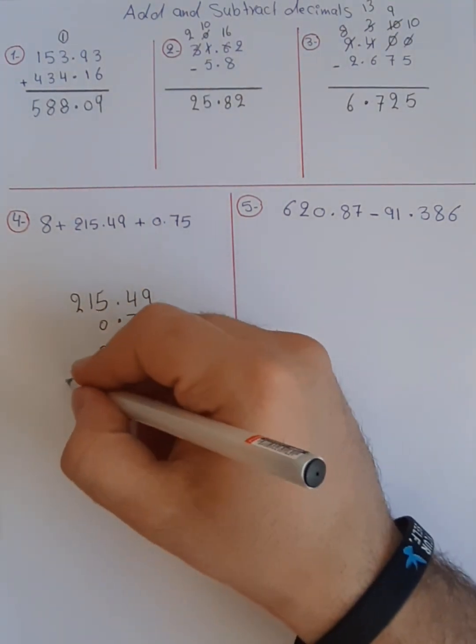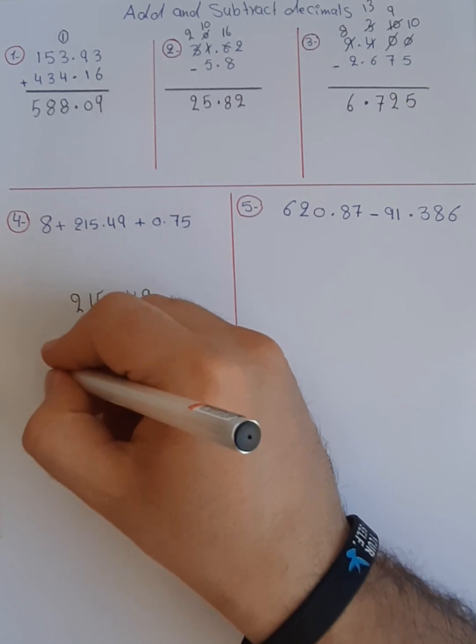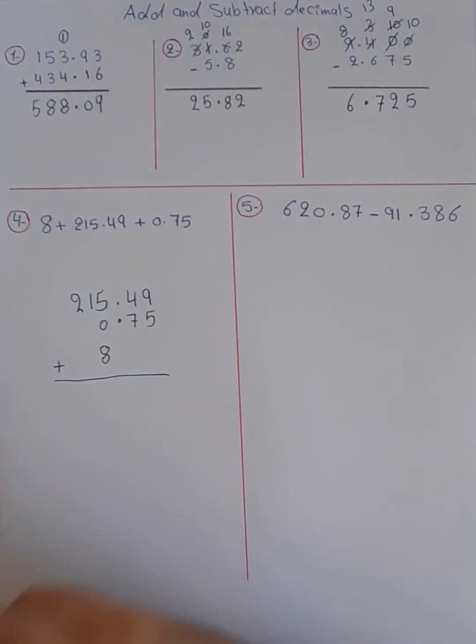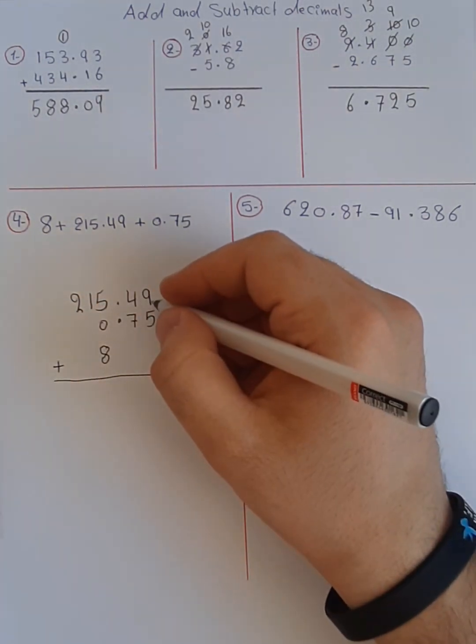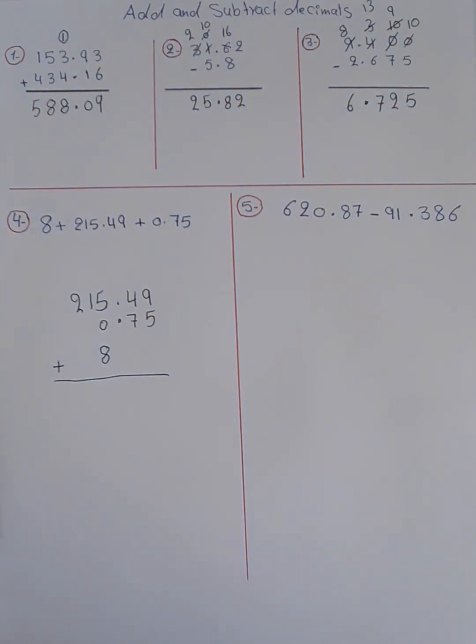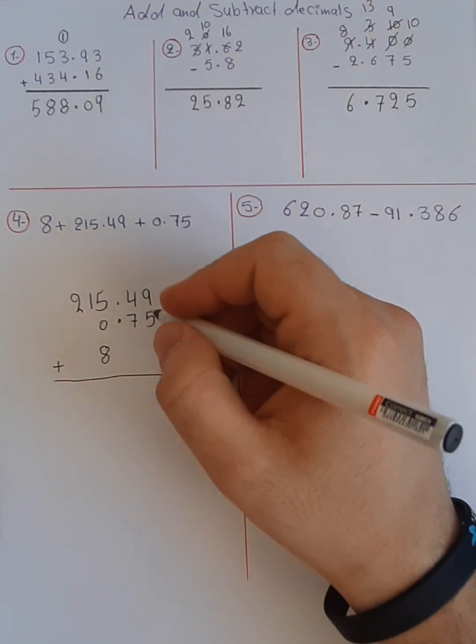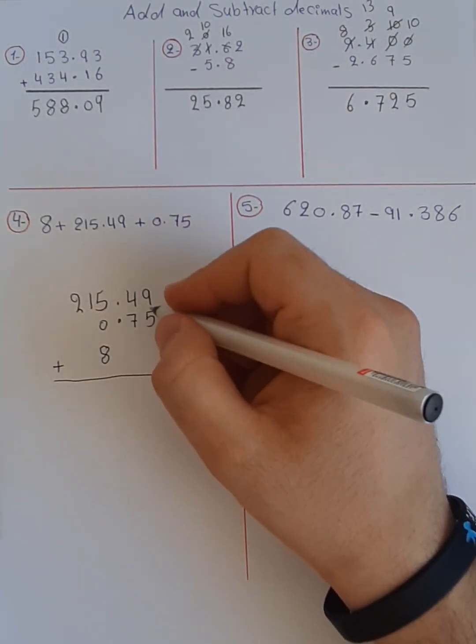And then we have to add these 3 numbers. In addition, it's okay if we don't make these numbers equivalent, so we can add these 3 numbers.